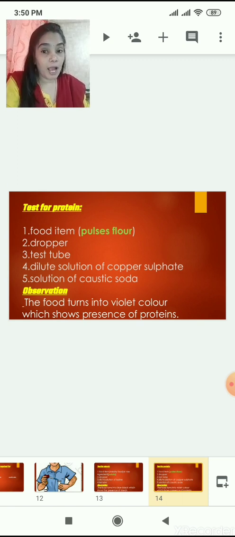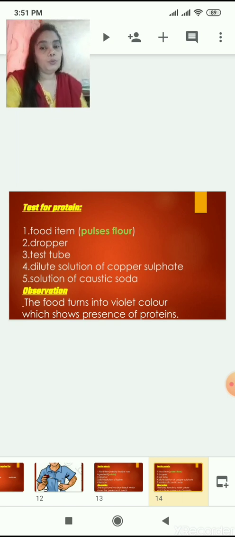Yes, your iodine solution is over. Now we are going to test with copper sulfate. So now take 2 drops of copper sulfate solution and 10 drops of caustic soda.